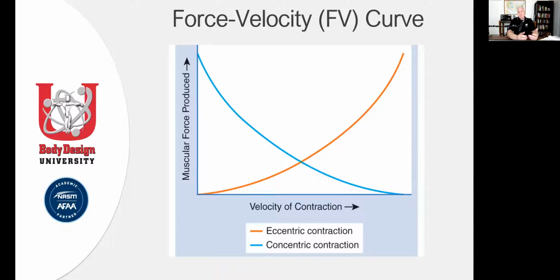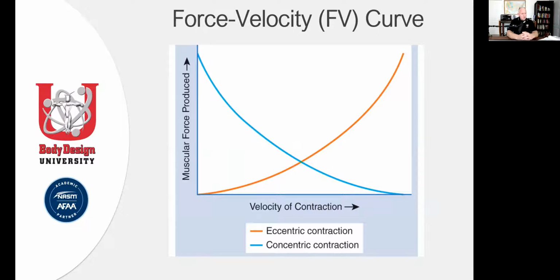But here it is. In one sense, it's very simple. And I like the way NASM, by the way, you'll see this. You'll see, well, that's a length tension relationship, but you'll see other FV curves that have the eccentric on one side and the concentric curve on the other. It's a little confusing.